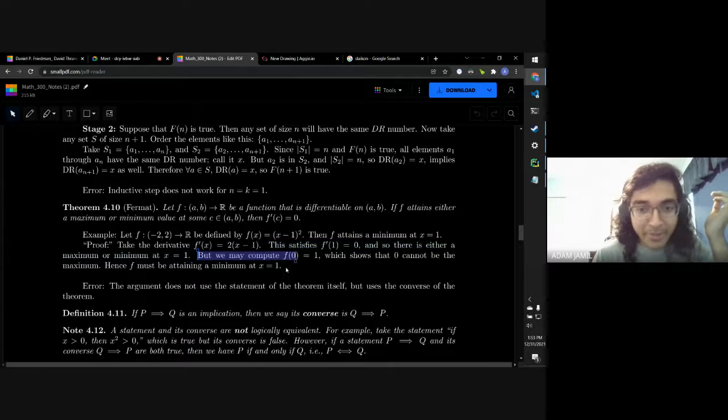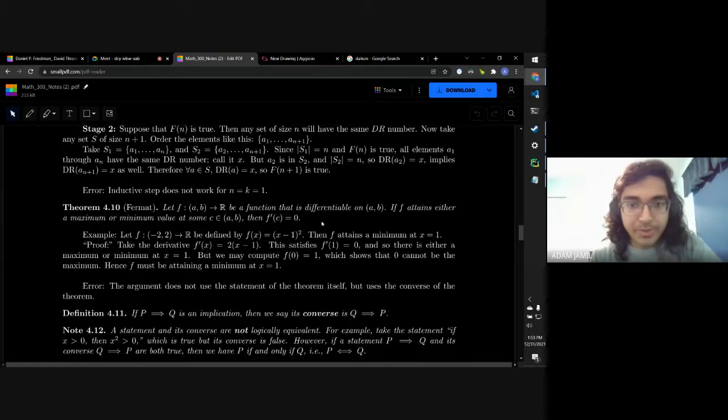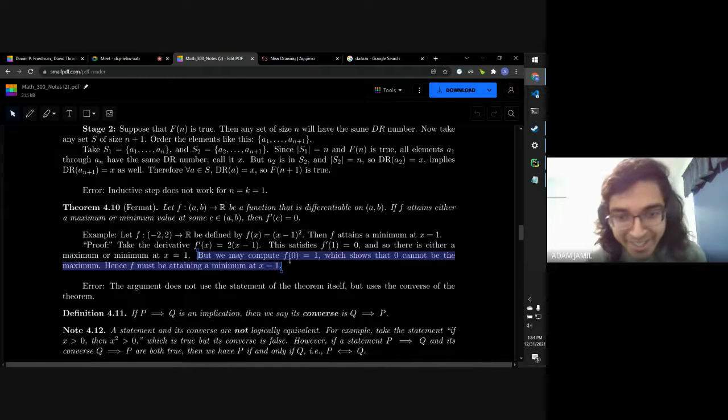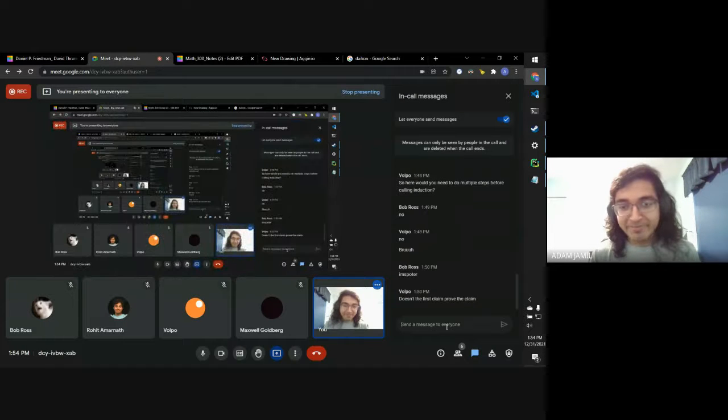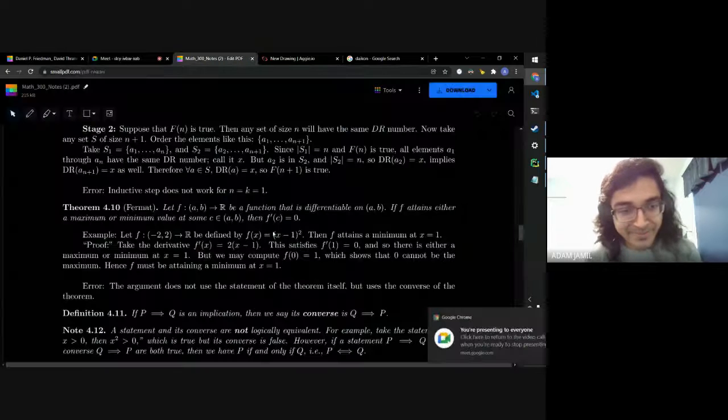It's actually a common error, when we have a theorem that says P implies Q, to accidentally assume that Q implies P. So he's started by assuming the converse of this theorem, which is not true in general. And he has some sort of weird contradiction here that I don't really understand. Maybe I should have asked him a little bit more about this. But yeah, sorry, it's a bit sloppy.